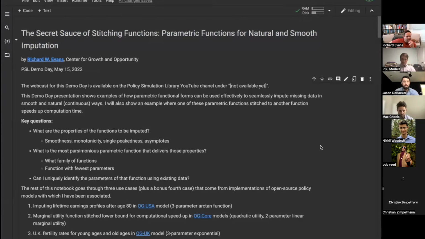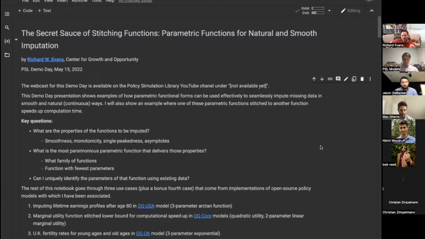As I jump down in the text, these key questions are the questions I'm usually trying to answer when we impute a parametric function to fill in data that's either censored or truncated. We know what the properties are of the function that we want to impute. Sometimes those include smoothness, monotonicity, single peakedness, asymptotes become really important.